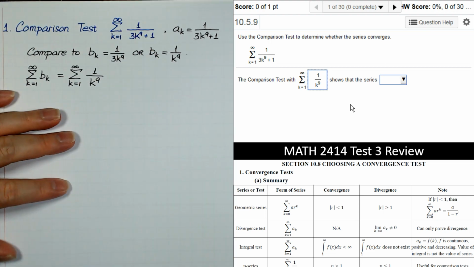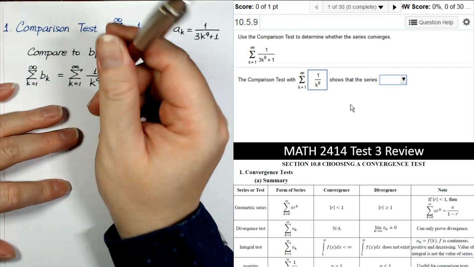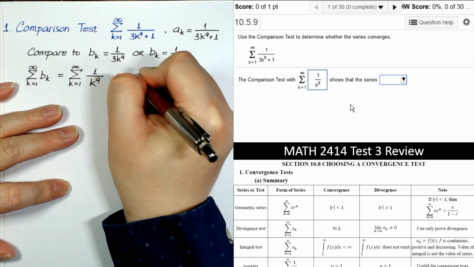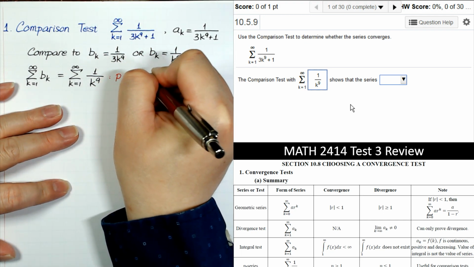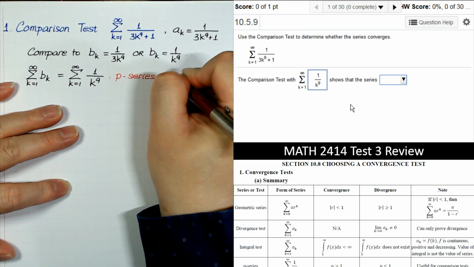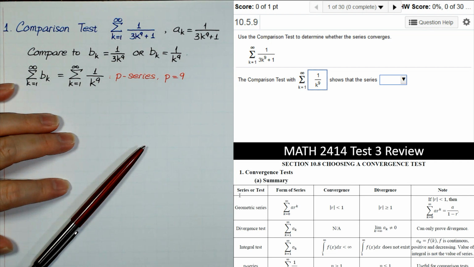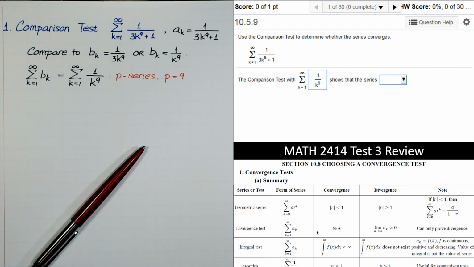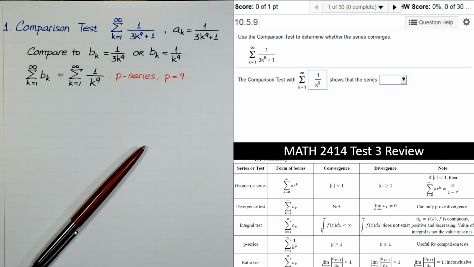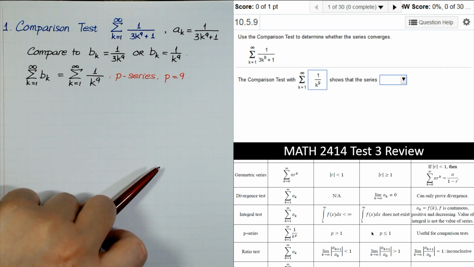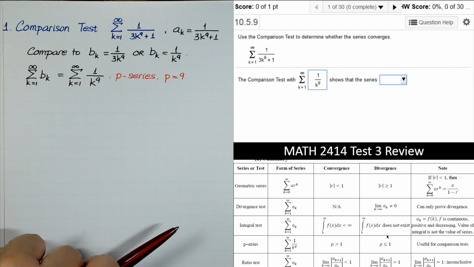and we have that, and this is a p series where p equal to 9. Now if p is equal to 9 for p series, by the way, the convergence test is on the bottom right. So we look at p series: bigger than 1, it will be convergence; less than or equal to 1, divergence.